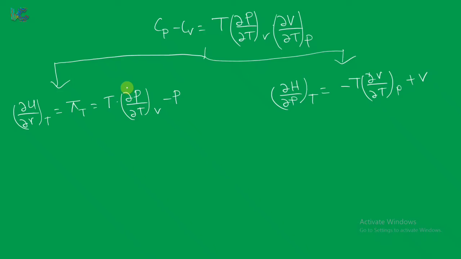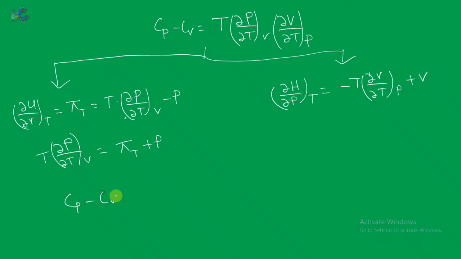So instead of T into del P del T at constant V, you can write pi T plus P. So you put it here. So what you will get?